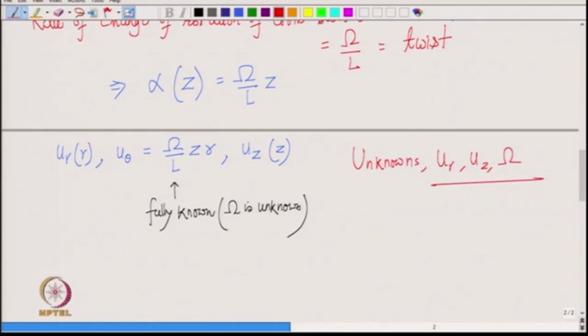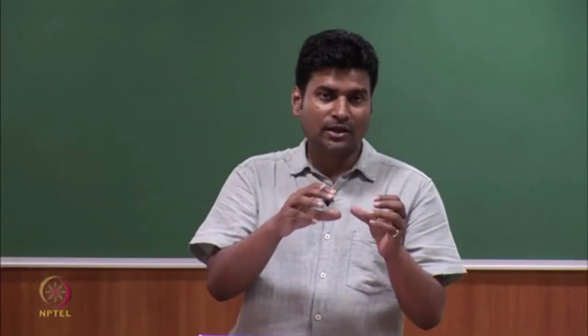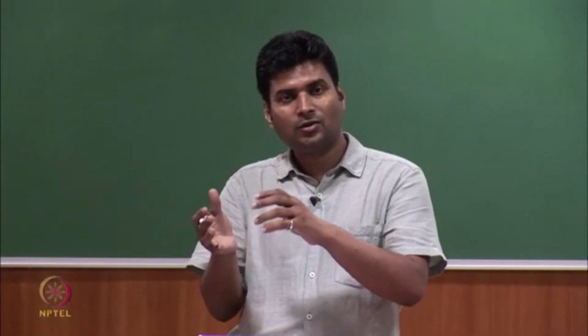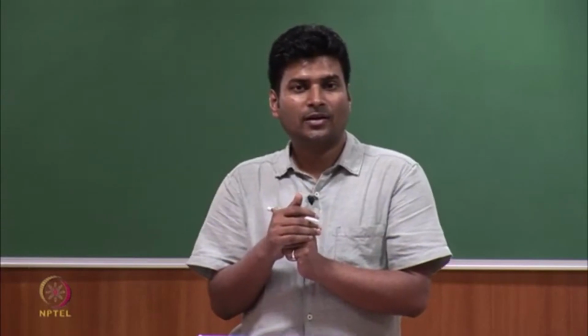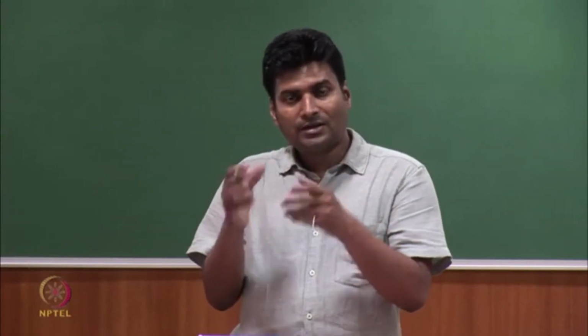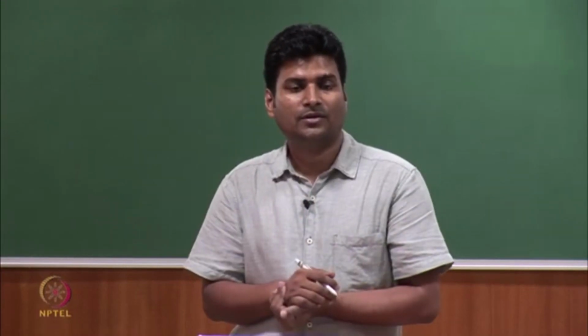So, to find this, we have to use the stress equilibrium equation in cylindrical coordinate system, right. So, it has got stress in it. So, we would like to write stress in terms of strain through the constitutive relation, stress strain relationship, and finally, strain we have to write in terms of displacement.